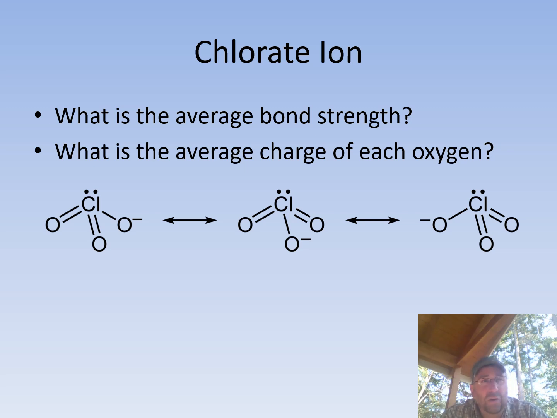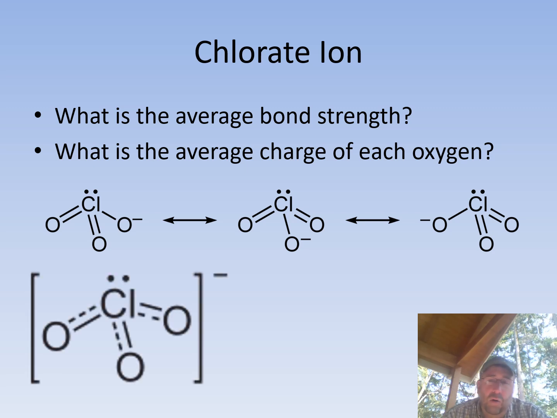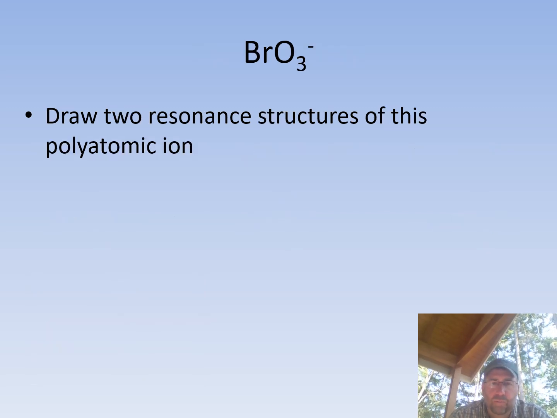So 5/3, which is the same as 1 2/3, is the strength of the bond. So this would be our overall resonance structure, where each of these represents 5/3 or 1 2/3, and each oxygen is -1/3 in its charge. So those are resonance structures for you.